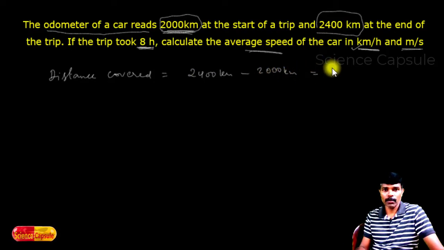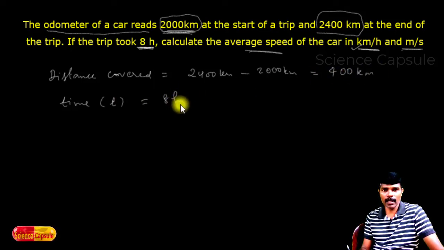So the total distance would be 400 kilometer. Got it? Simple. Now let us find the time. Time taken would be 8 hours. So straight away we write T is equal to 8 hours. Here distance is in kilometer and time is in hours, so the units are okay.